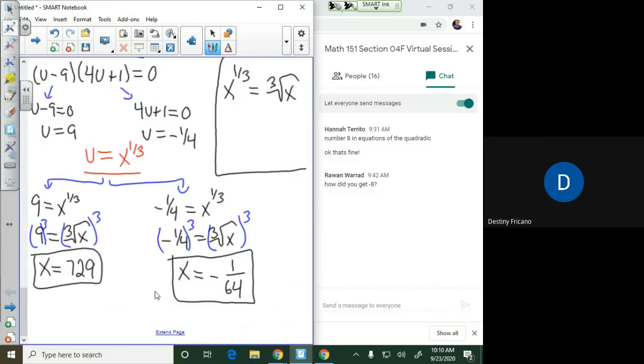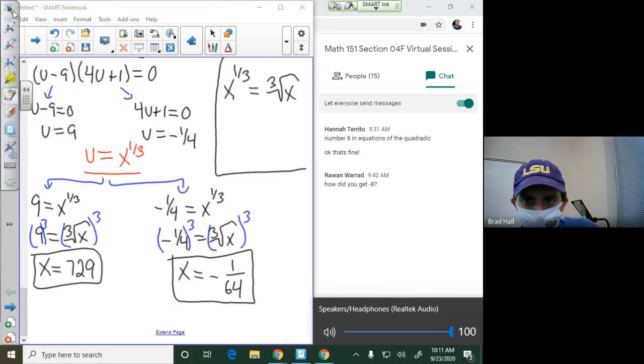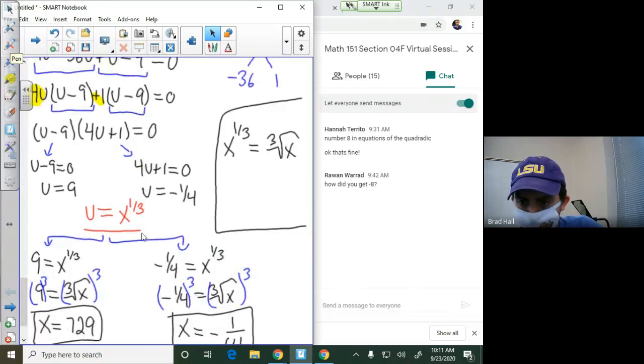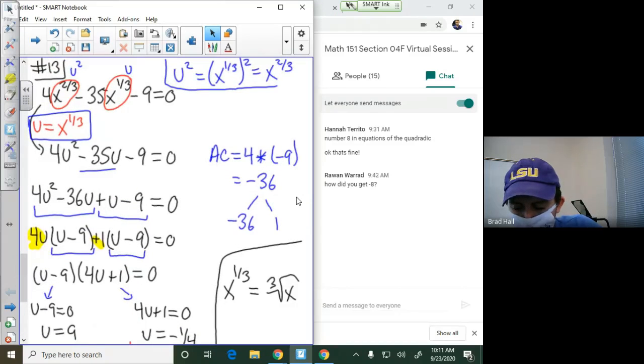I have a question. Yes. When you did the AC method up at the top, I thought you were supposed to use two terms, like two of the numbers to do the AC method. One second. Let me scroll back up here. So for the AC method, ask your question again.